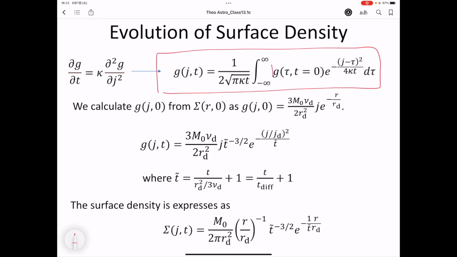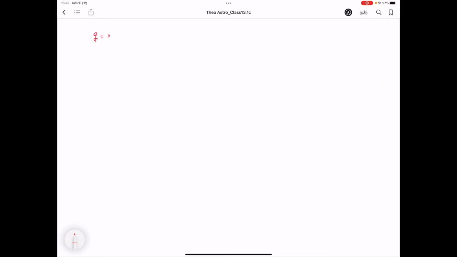Then we need to substitute the initial condition for G. G is expressed as 3π Σ r² ν Ω. So G(J, t equals 0) is 3π Σ(r, t equals 0) r² ν Ω.